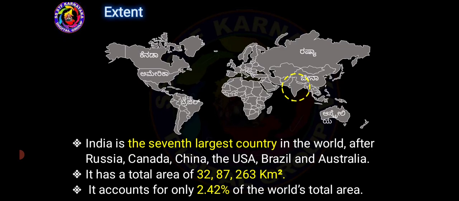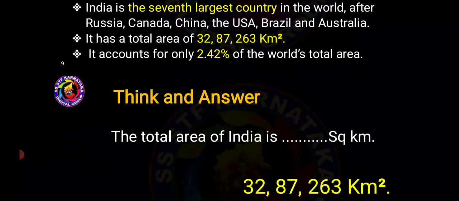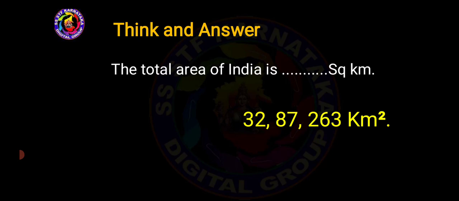It accounts for only 2.42% of the world's total area. So we are the seventh largest country in the world, and the area occupied by us is 2.42%.